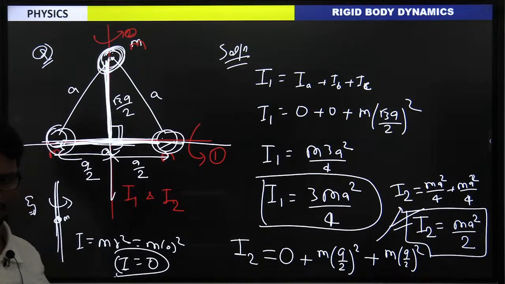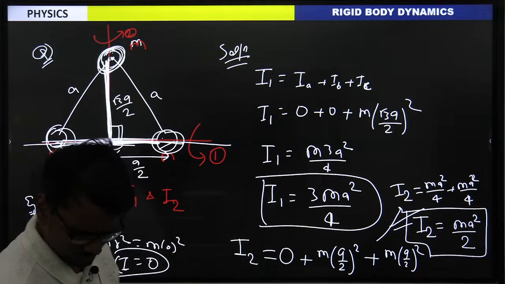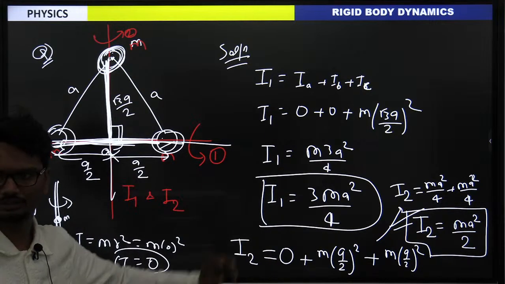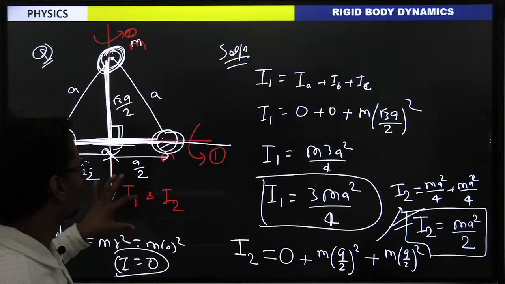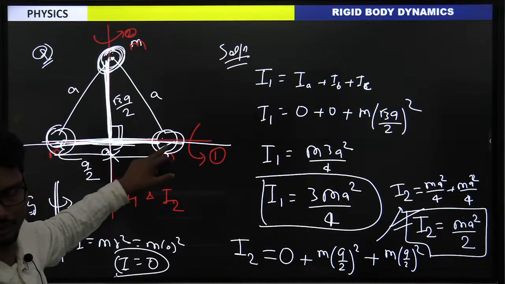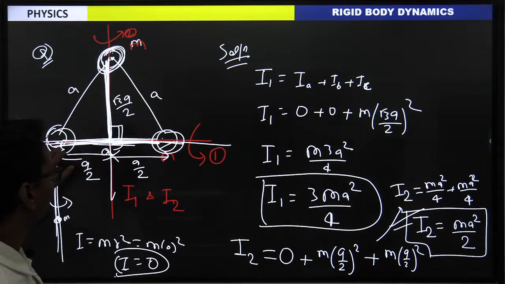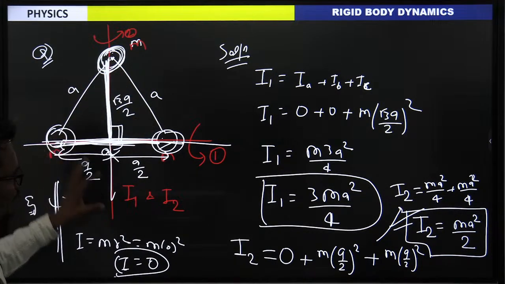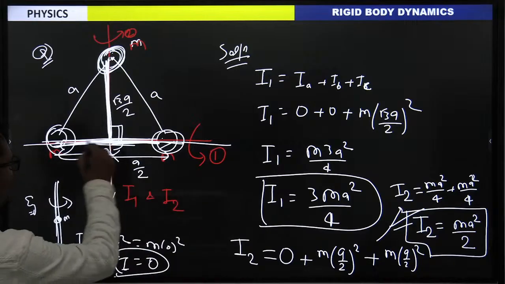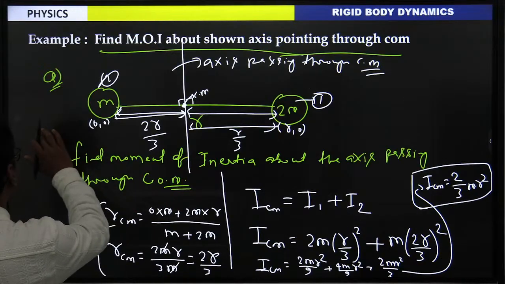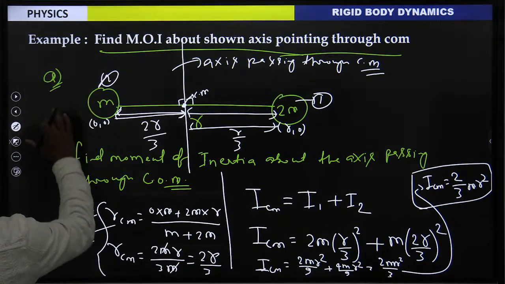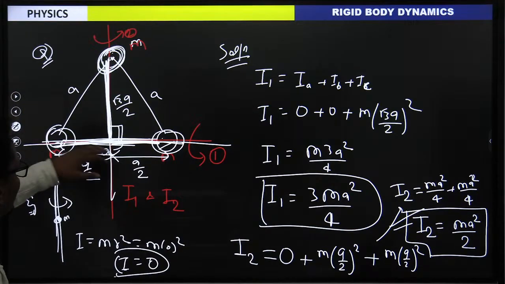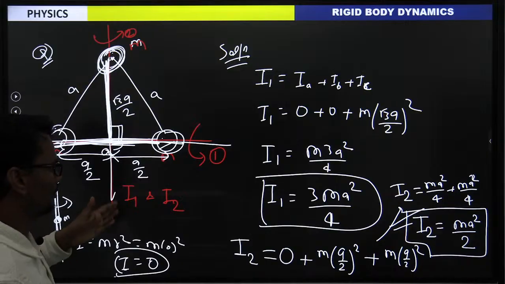In today's class, I will start from here. In the last class, I did this question of moment of inertia, in which three masses 1, 2, 3 are kept at a distance of a, forming an equilateral triangle, and we need to find the moment of inertia about this axis 1 and this axis 2.